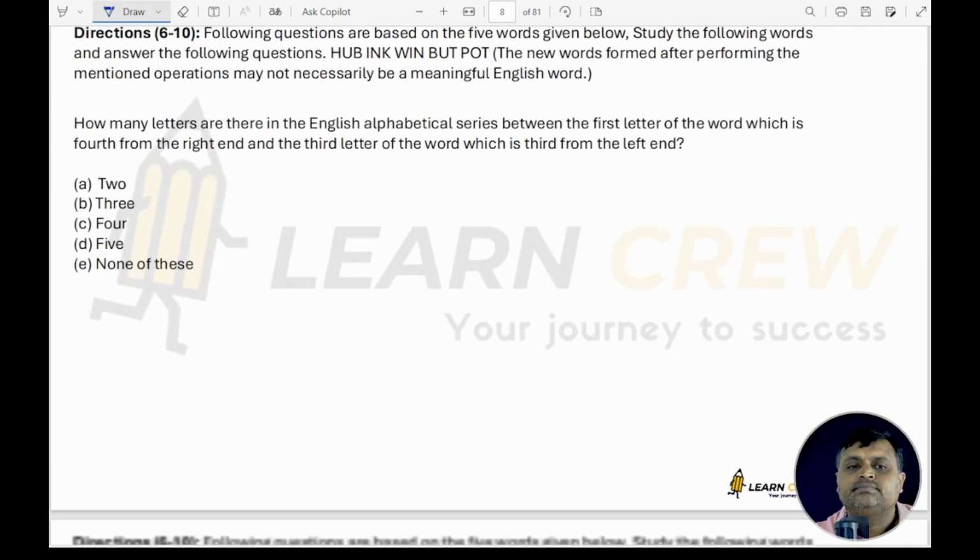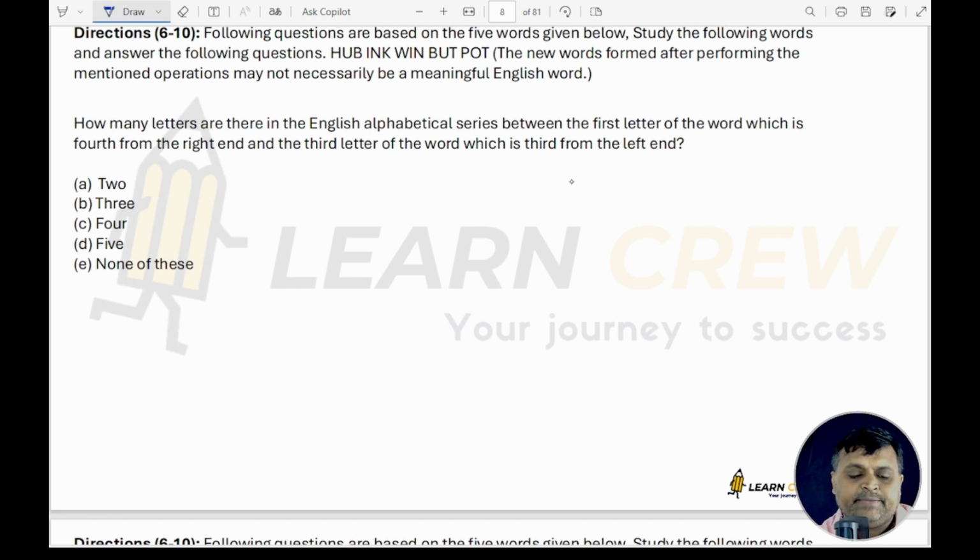Next. How many letters are there in the English alphabetical series between the first letter of the word which is fourth from the right end, and the third letter of the word which is third from the left end? So what is the answer here?